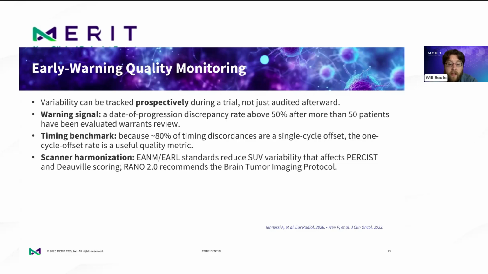Standards like EANM and the EARL reduce the standardized uptake value variability that affects PERCIST and Deauville scoring. And the RANO 2.0 criteria recommends the standardized brain tumor imaging protocol for harmonization. These upfront harmonization steps can help prevent variability from ever entering the data in the first place.